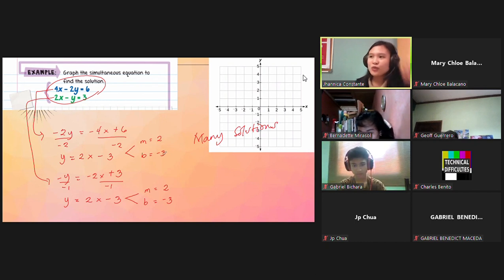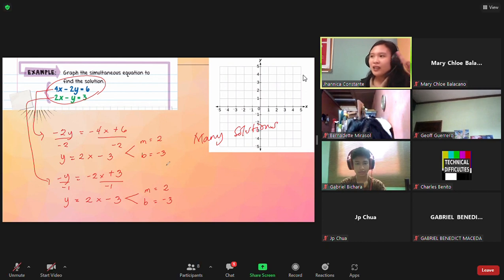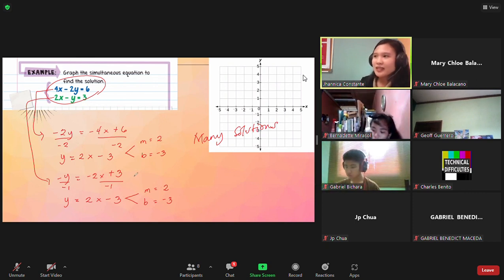So for no solution, the graph is parallel. For one solution, the graph is intersecting lines. For many solutions, the graph is one line only, which means the two functions are colliding with each other. So that is the simultaneous function.